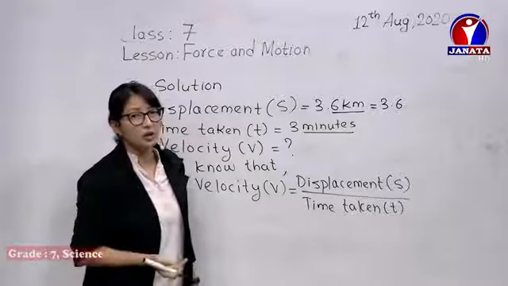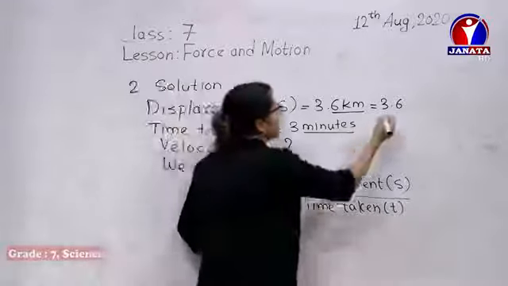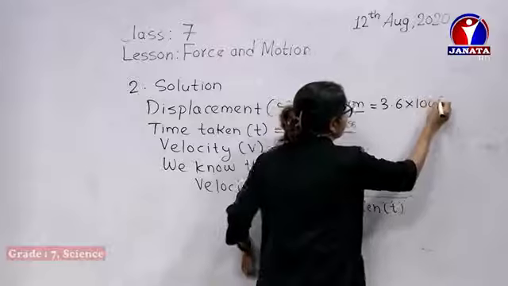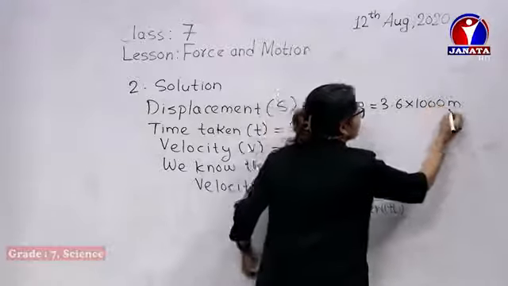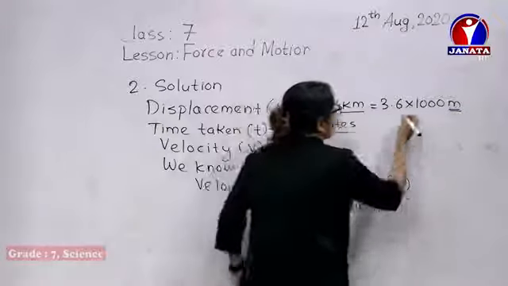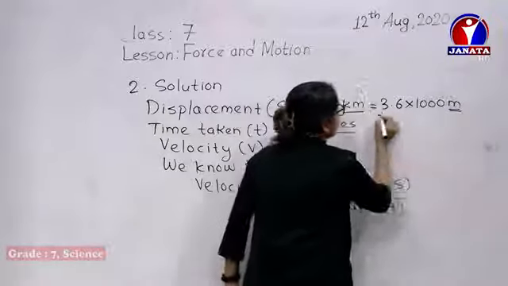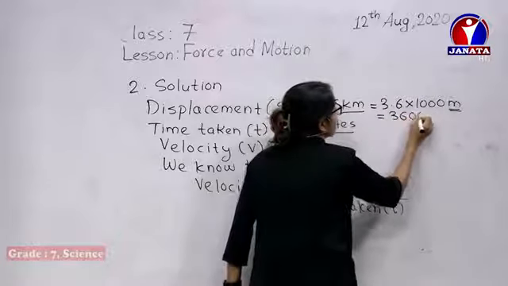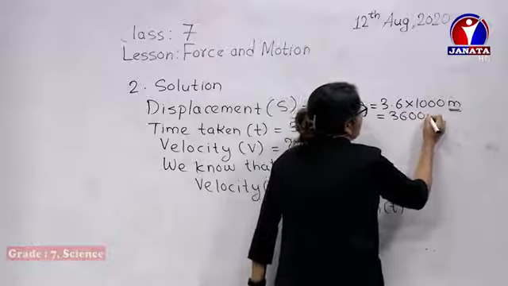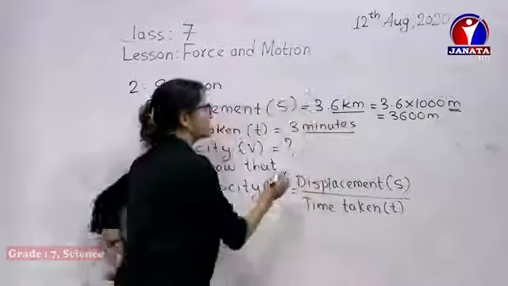How do we convert kilometer into meter? We multiply by 1000. So 3.6 into 1000 is 3600 meter.